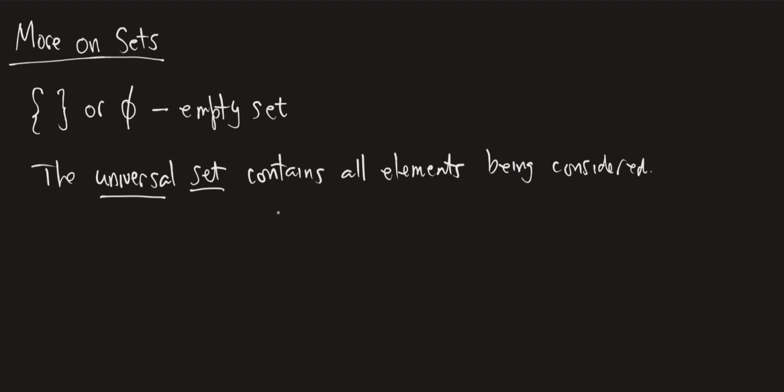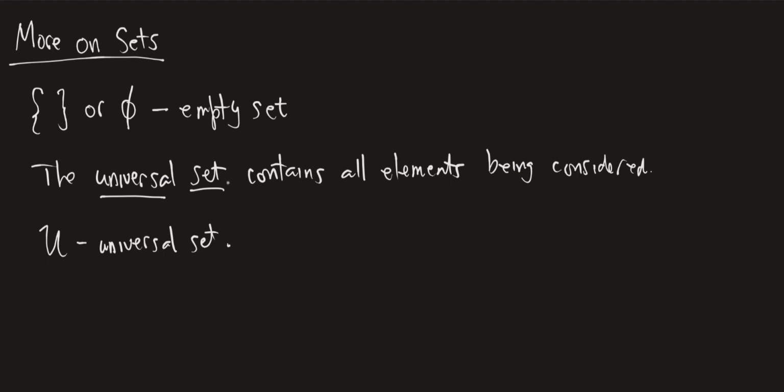So it's not necessarily saying everything in the entire universe, in the physical universe, but more precisely everything that we are studying. So what is the notation for that? Well, we use a fancy U, right? So this is the notation for the universal set.